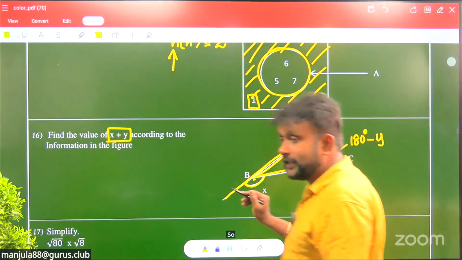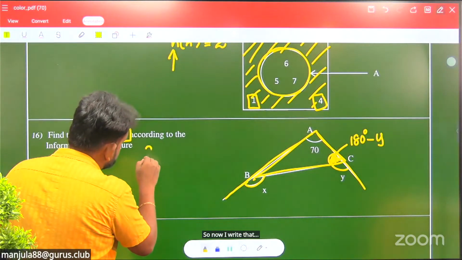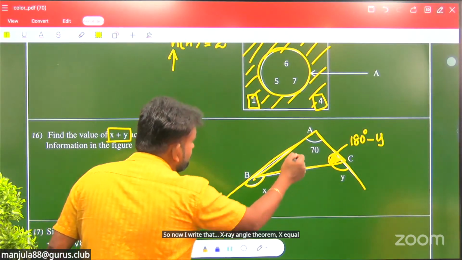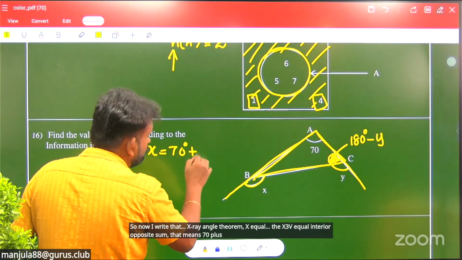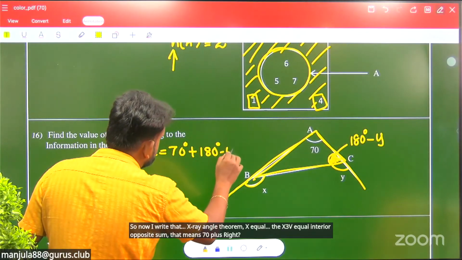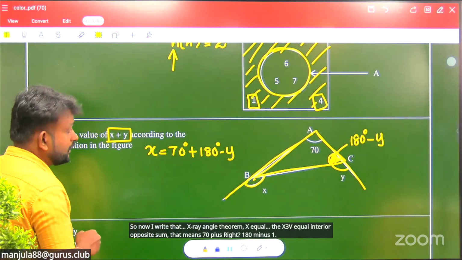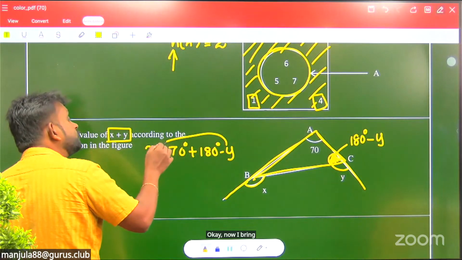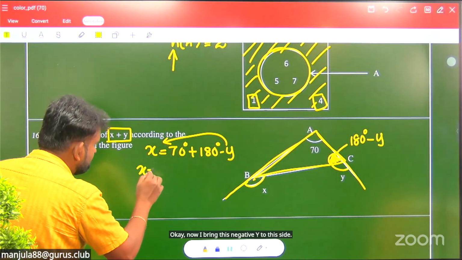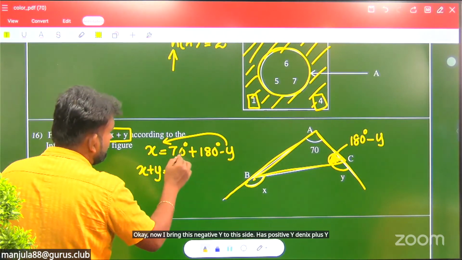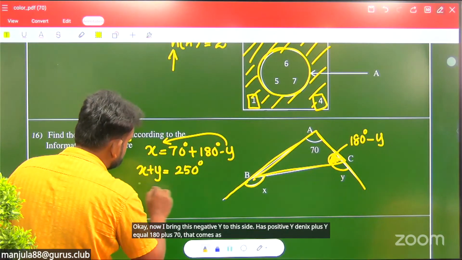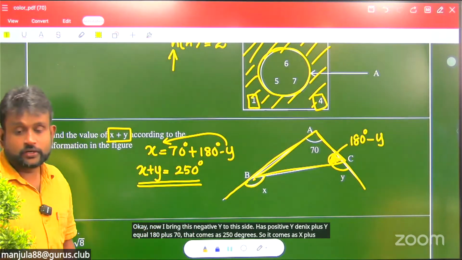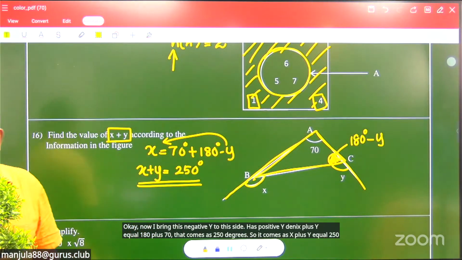So now I write the exterior angle theorem: x equals the sum of interior opposite angles, that means 70 plus 180 minus y. Now I bring this negative y to this side as positive y, then x plus y equals 180 plus 70, that comes as 250 degrees. So x plus y equals 250 degrees.